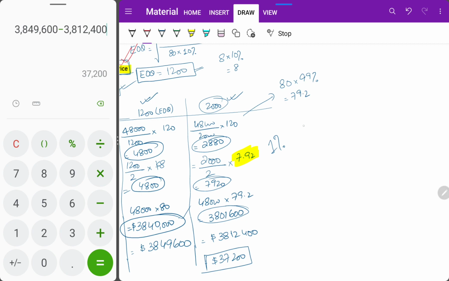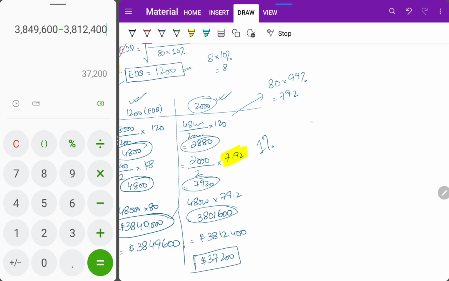For example, not for this question, suppose on average you keep 1000 kilograms in your store department, right? And the purchase price of this particular raw material is $100 per kg. That means you are holding $1 lakh inventory in your store department on an average basis.